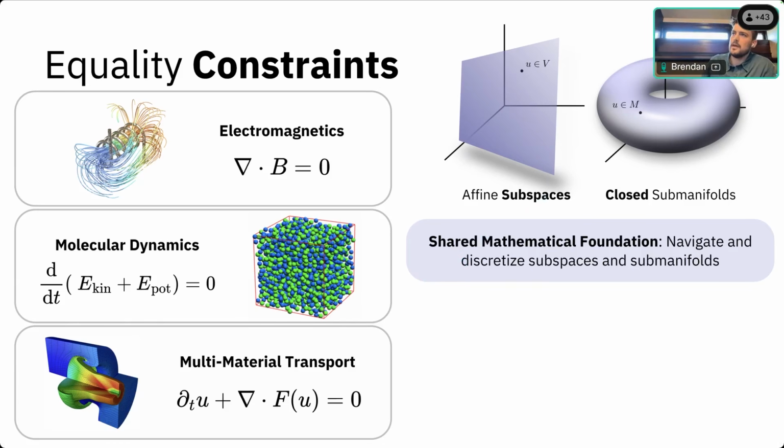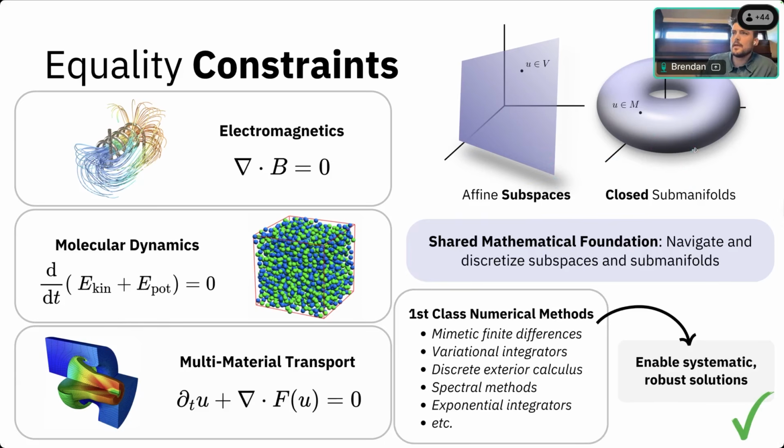We can very easily navigate those subspaces which define the constraint, both at the continuous and discrete level. That's what the method is really designed for. There are other problems where we maybe lie on a closed manifold, and there are other ways to make sure that we don't leave the manifold and navigate it. At the end of the day, these are the classic methods. These are what we often teach to students in classes, and they lead to the most systematic, robust solutions to a wide variety of different problems all across scientific computing.